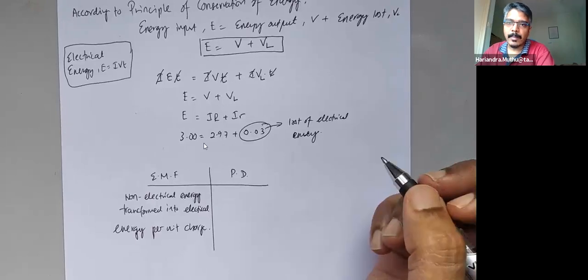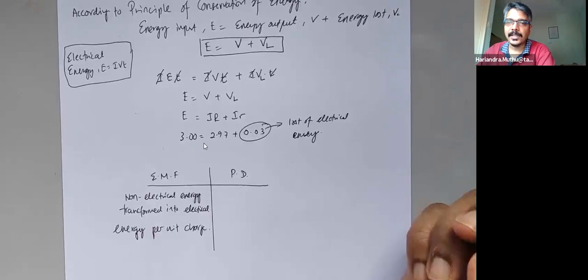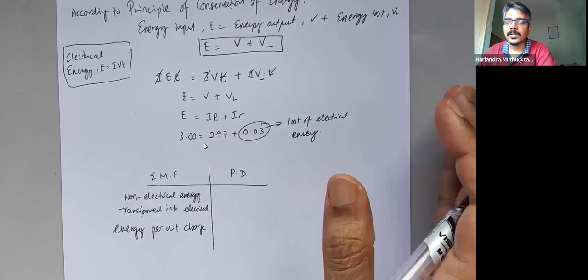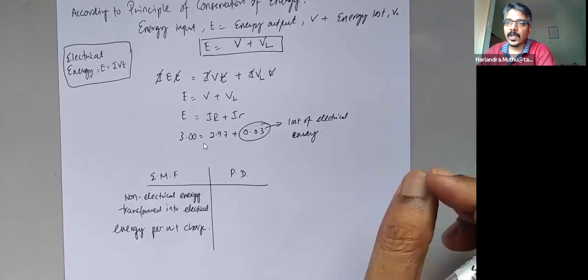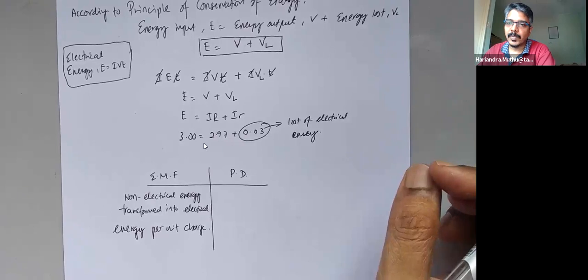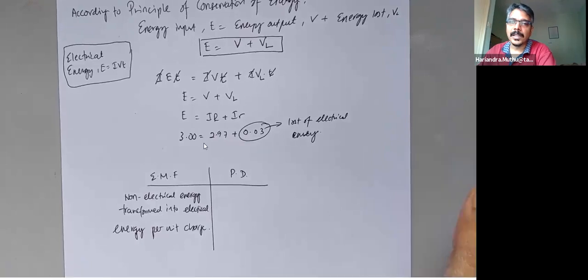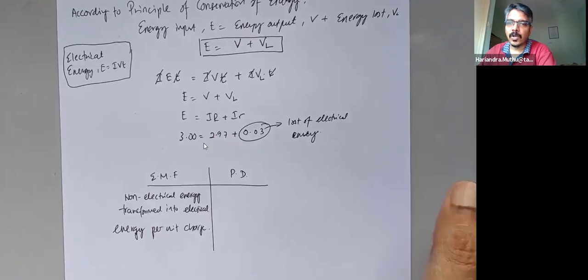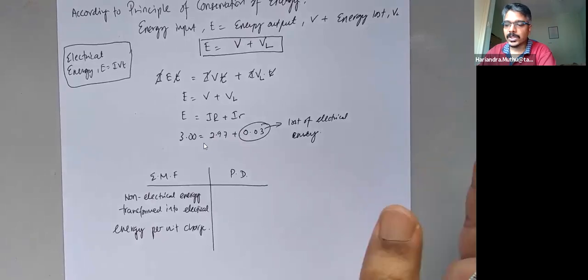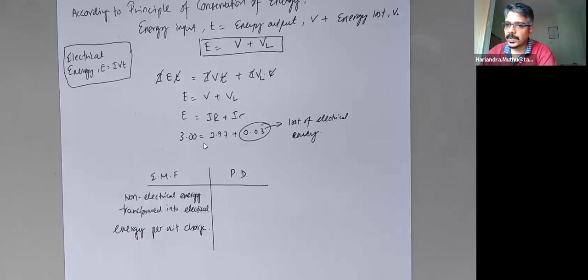For a chemical battery, the non-electric energy is the chemical energy, which is transformed into electrical energy, because you need energy to move the charge in the circuit. Take another source of electrical power, for example a solar cell: the non-electric energy is solar energy, which is transformed into electrical energy.